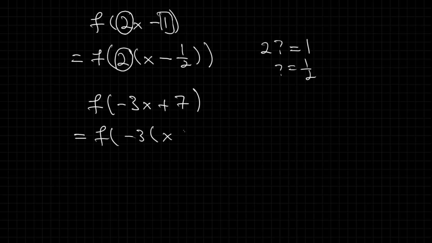Negative 3x plus negative 3 times what would be 7? That's what we have to ask ourselves. Okay, negative 3 times what is 7? So this would be negative 7/3. So instead of writing plus, I'll go ahead and write minus 7/3.